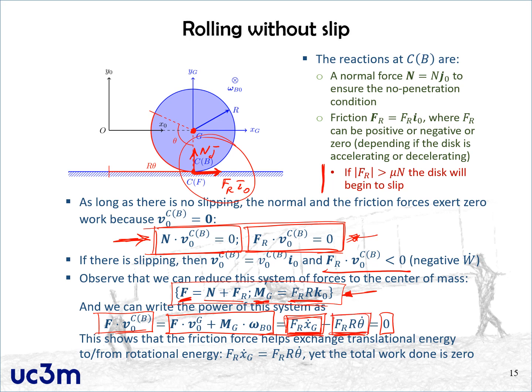So again we have that this constraint, the rolling without slip constraint, works as a mechanism to convert rotational energy to translational energy. And again the example of the car is very relevant. What happens really when you hit the pedal of the car trying to accelerate? What you do is you impress a torque on the wheels to try to make them spin.